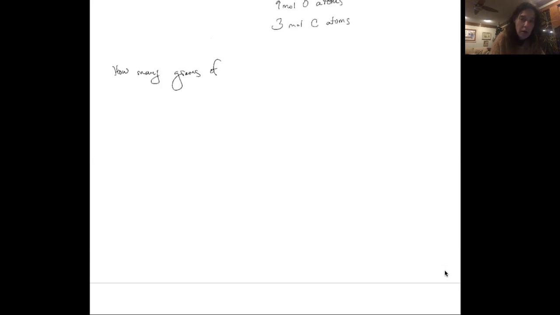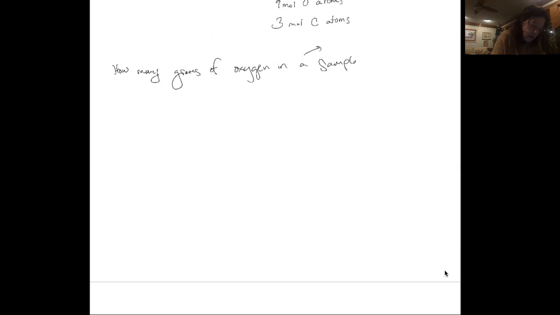How many grams of oxygen are in a, let's say, 45.0 gram sample of carbon dioxide?